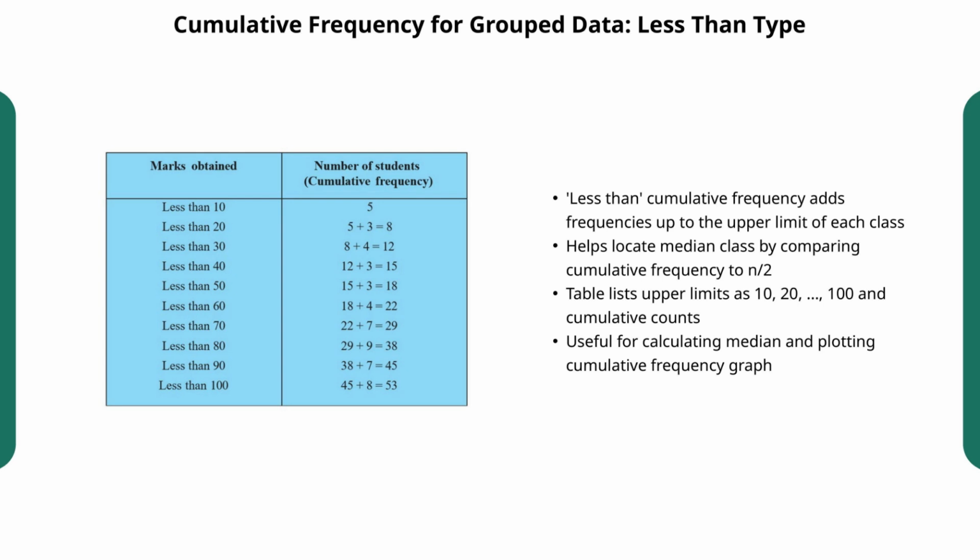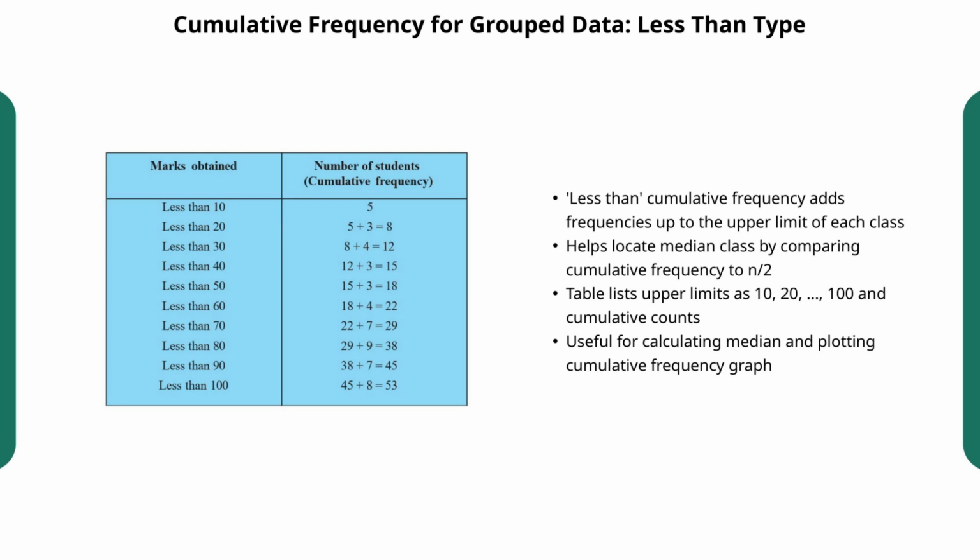On the screen is a table representing cumulative frequencies for various upper class limits, such as 10, 20, 30, 40, 50, 60, 70, 80, 90, and 100. These totals let us find where our median lies by comparing them to half the total number of observations, which is n divided by 2.